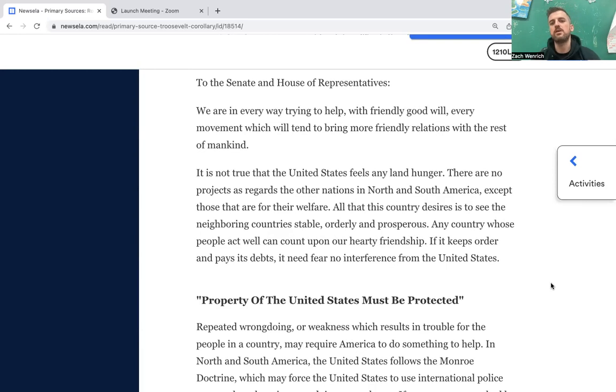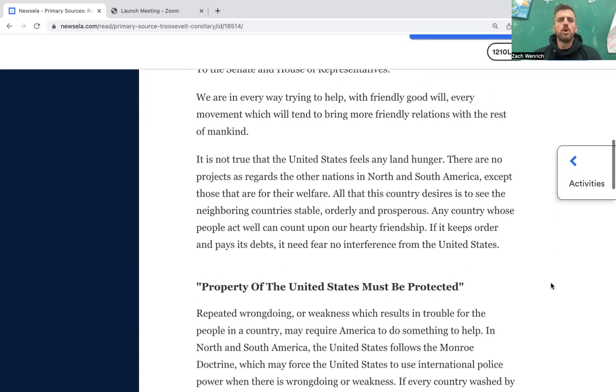To the Senate and House of Representatives. We are in every way trying to help with friendly goodwill, every movement which will tend to bring more friendly relations with the rest of mankind. It is not true that the United States feels any land hunger. There are no projects as regards the other nations in North and South America except those that are for their welfare.